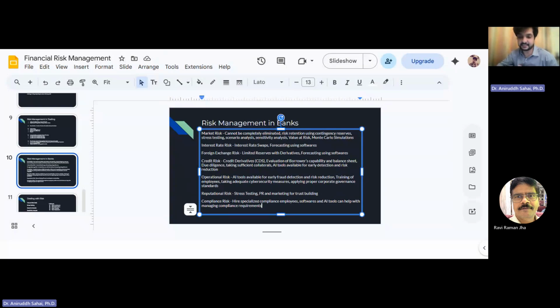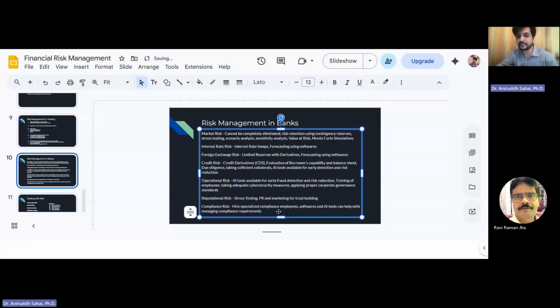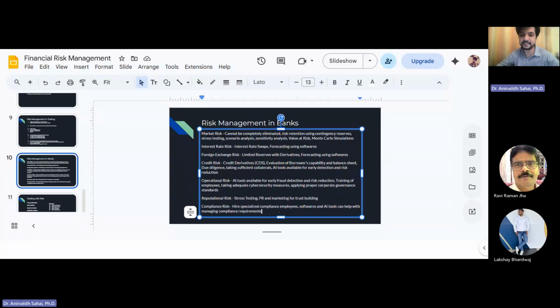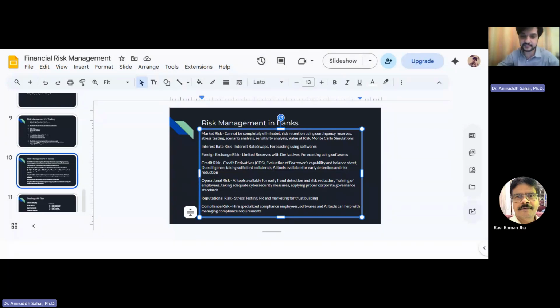The banking sector is subject to a large amount of regulations because they're dealing with so much funds, and to file all these cumbersome documents is not so easy, and technology can be useful in meeting all the compliance requirements.